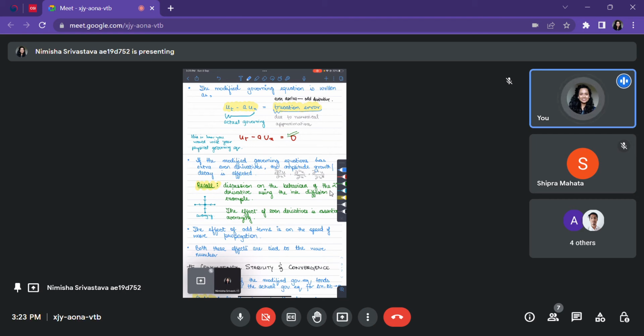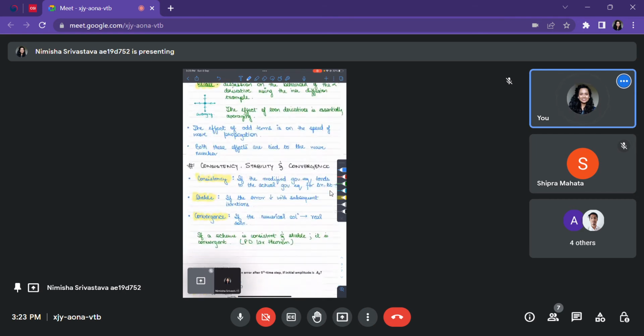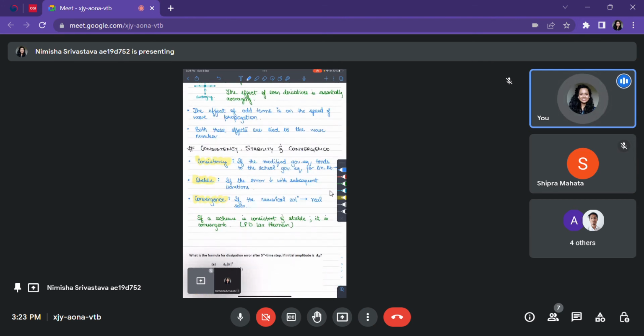If I cannot get a meaningful result, then there is no point in doing a numerical analysis or even attempting that problem. So I should have certain tests to see whether I can apply a particular numerical scheme for a particular governing equation or not.